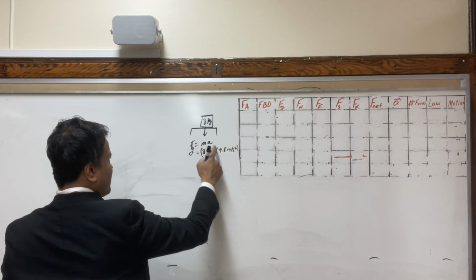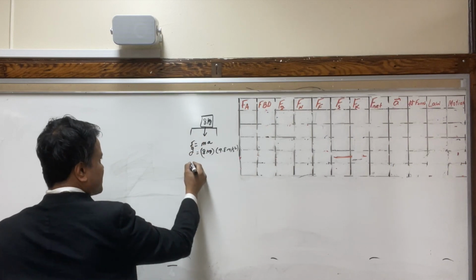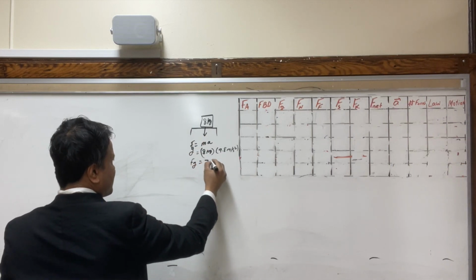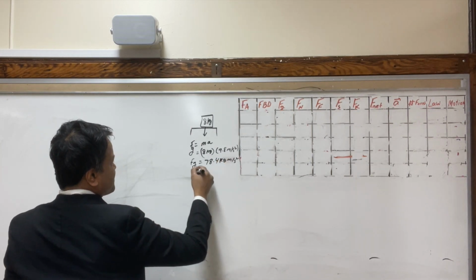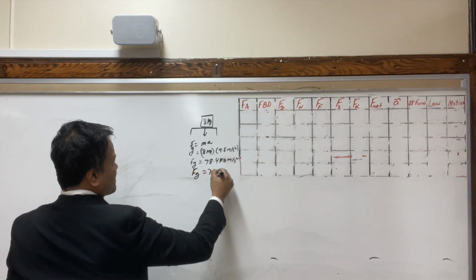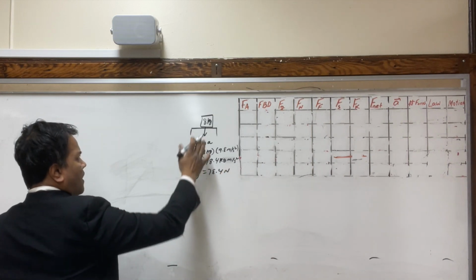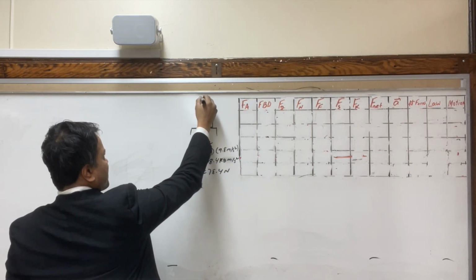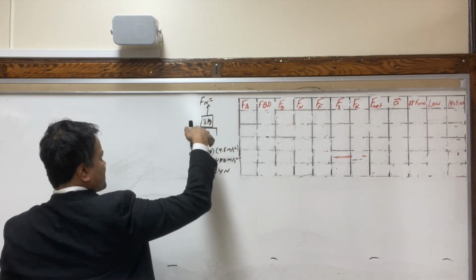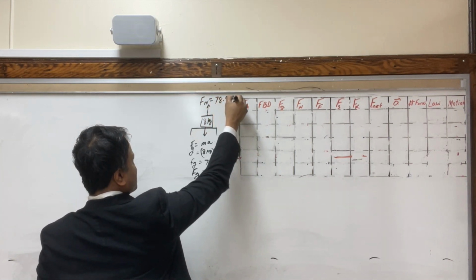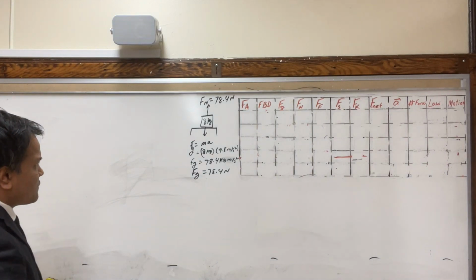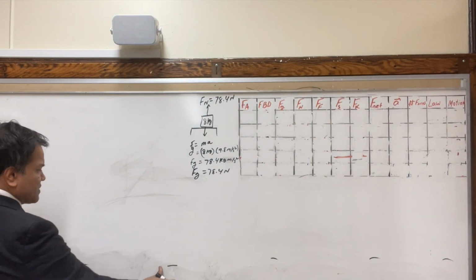I didn't put negative because there is an arrow downward. So Fg is 78.4 kilogram meter per second squared, so Fg is 78.4 Newton. The normal force is equal in magnitude, opposite in direction, because there is no net force in the y direction. So 78.4 Newton.